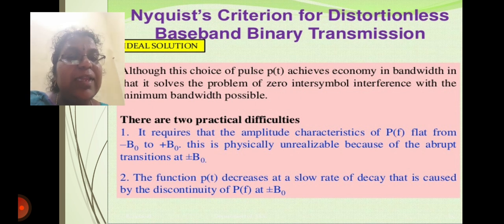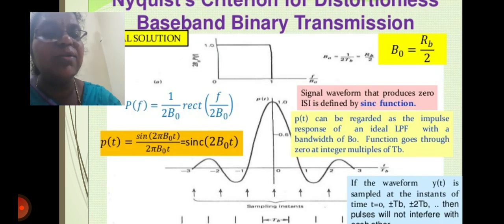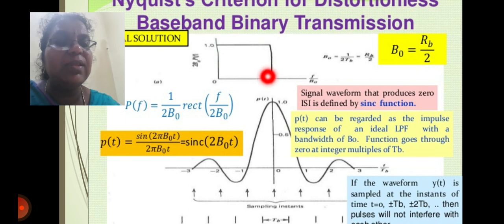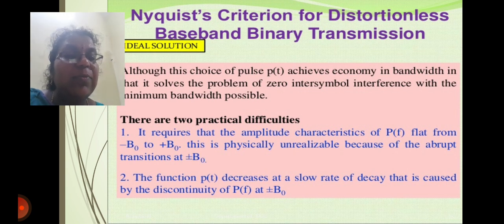So there are two practical difficulties. It requires that the amplitude characteristics of P(f) be flat from minus B0 to B0. So we can see a flat response here, and this is practically difficult to achieve. Also, the function P(t) decreases at a slow rate of decay, which is caused by the discontinuity of P(f) at plus or minus B0.